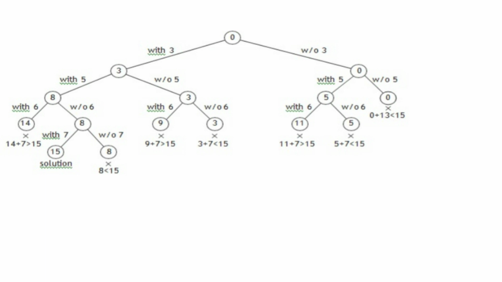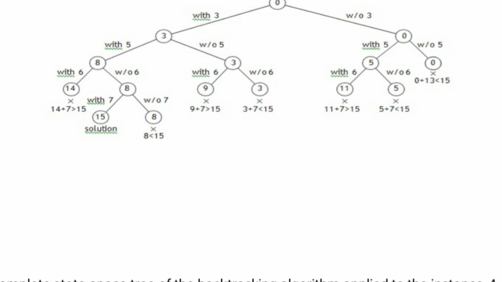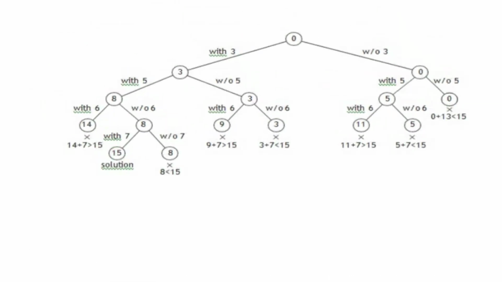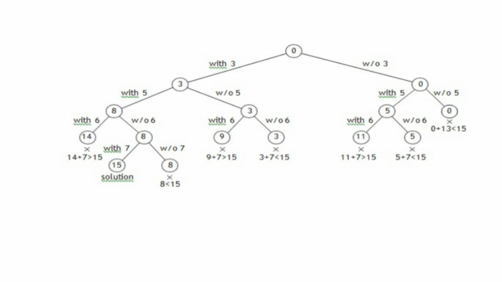0 without 5 is 0 itself. So we have completed all the possibilities here. The only solution we will get is 0 with 3, then with 5, then without 6, and then with 7, and this gives the solution.